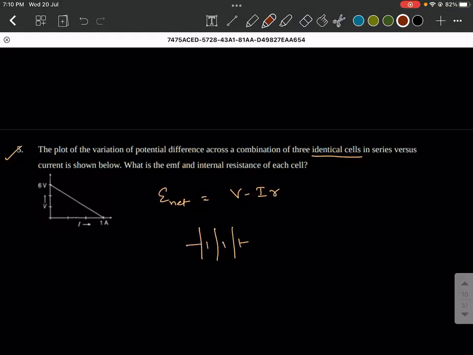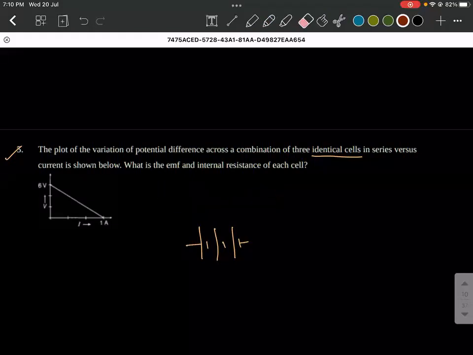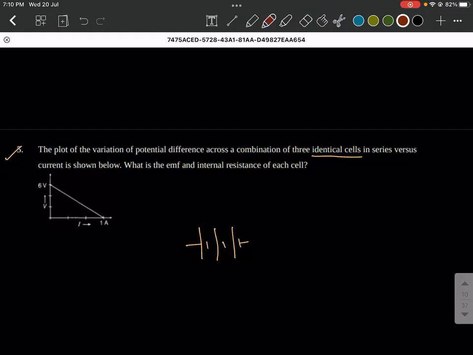When 3 identical cells are connected in series, the net EMF is 3E. So 3E is equal to 6, which implies E is equal to 2 volt. So the EMF is 2 volt.